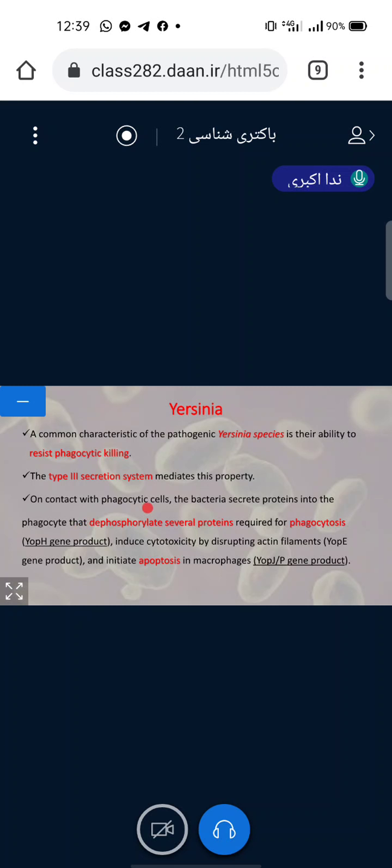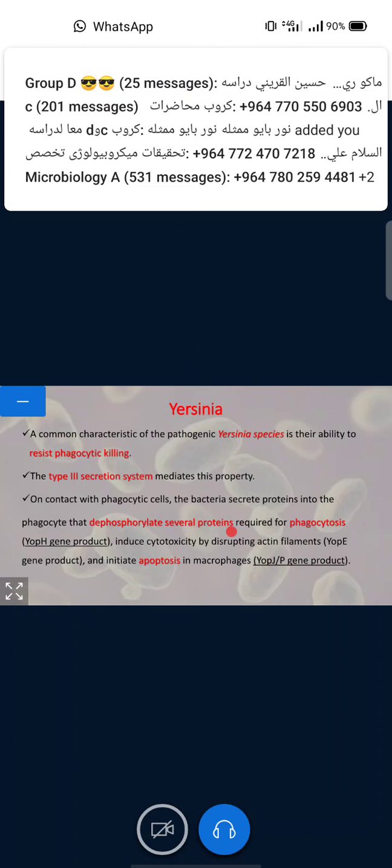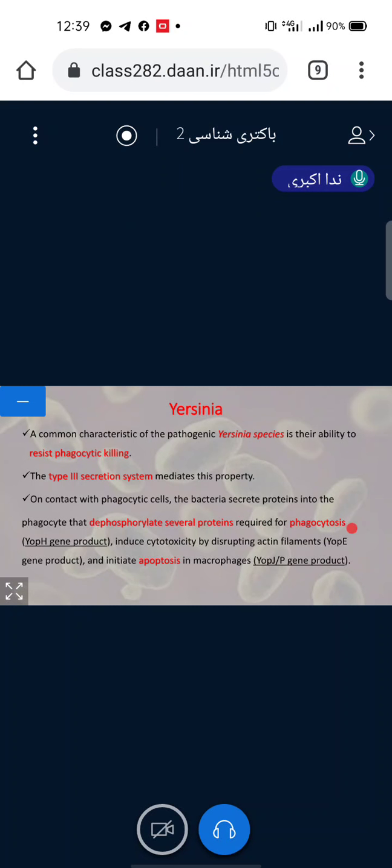On contact with a phagocytic cell like a macrophage, the bacteria secrete proteins into the phagocytic cell that dephosphorylate several proteins required for phagocytosis, like YopH gene product, which induces cytotoxicity by disrupting actin filaments, and YopE gene product, which initiates apoptosis in macrophage.